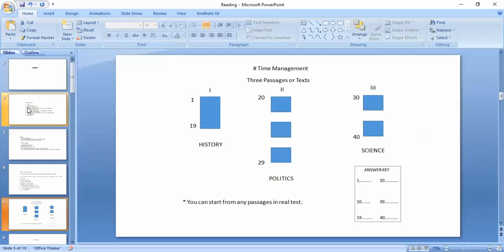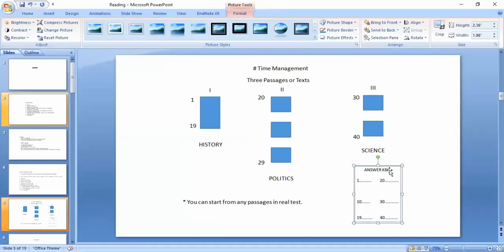So if I start answering from politics, or passage 2, then my answer should be written on the answer sheet on number 20. I have to begin from number 20 and not number 1 in the answer sheet.